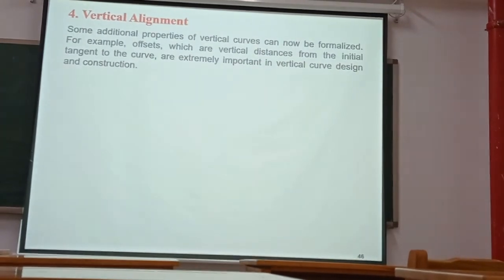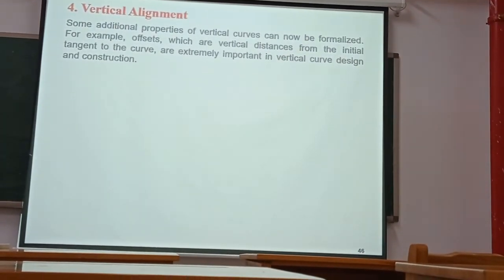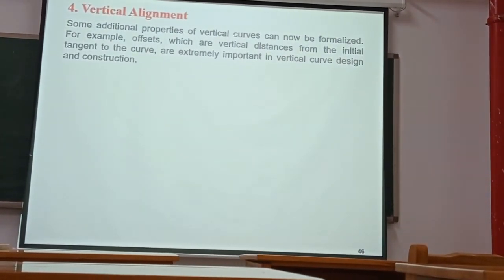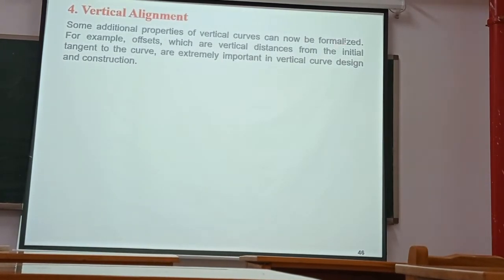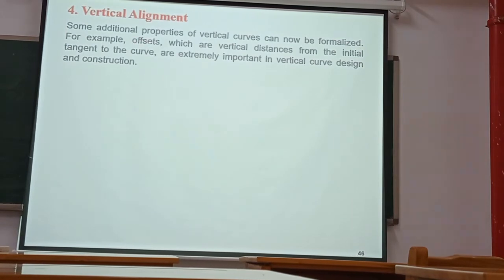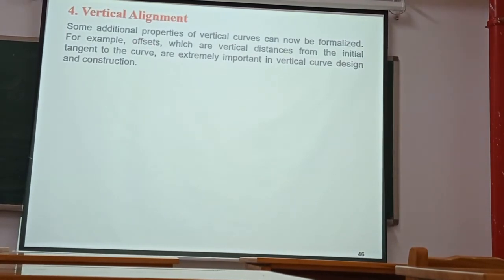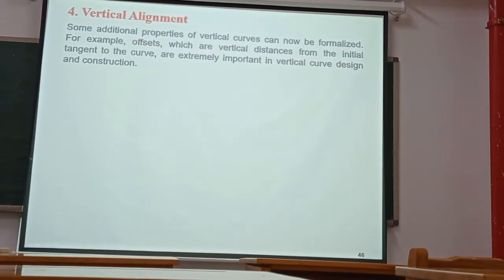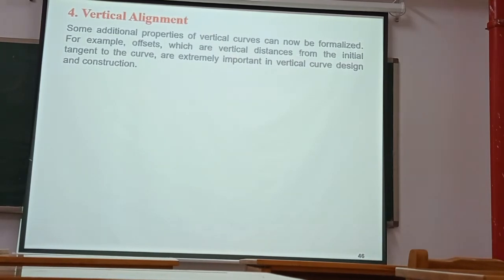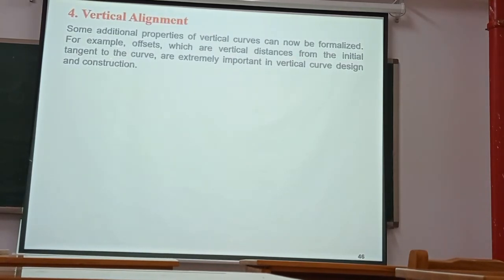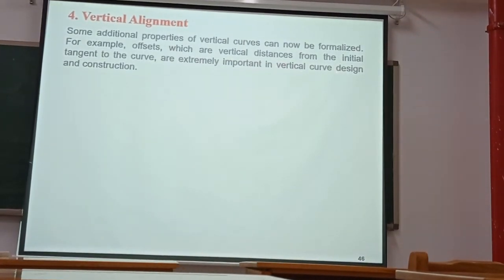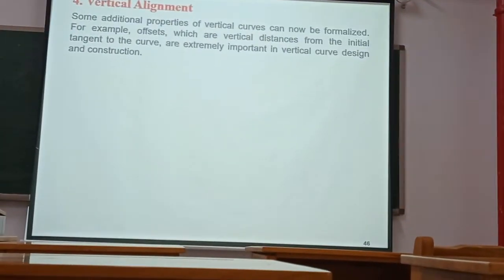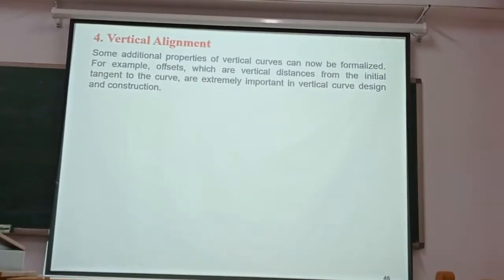Some additional properties of vertical curves can now be formalized. For example, offsets, which are vertical distances from the initial tangent to the curve, are extremely important in vertical curve design and construction.